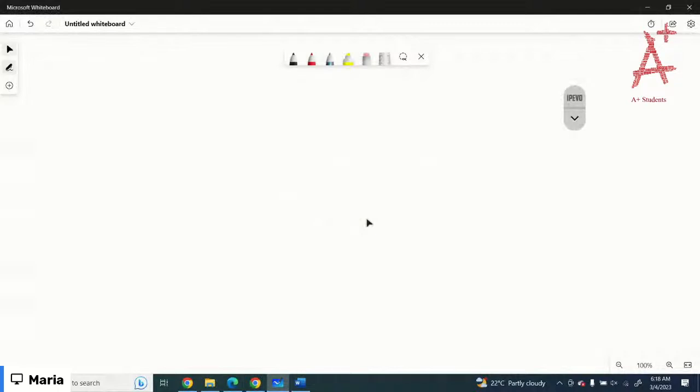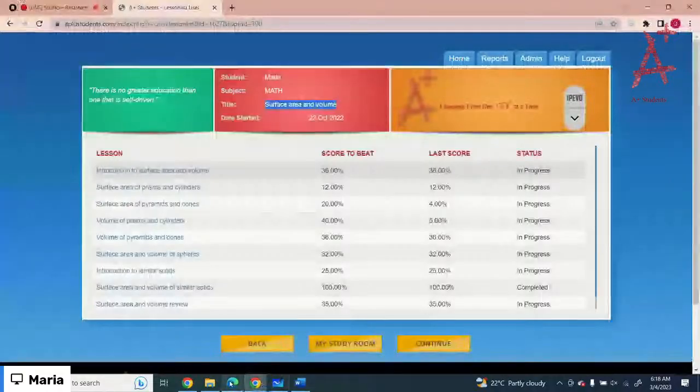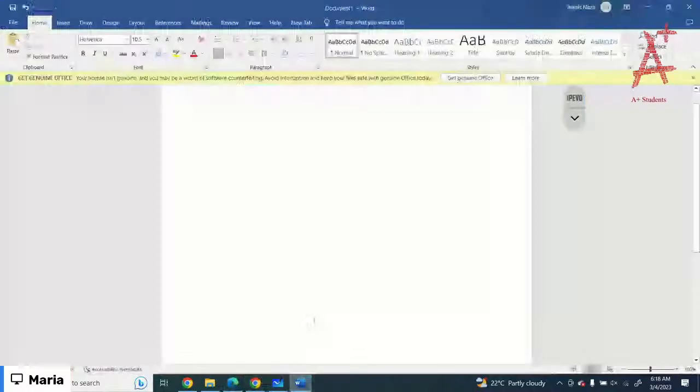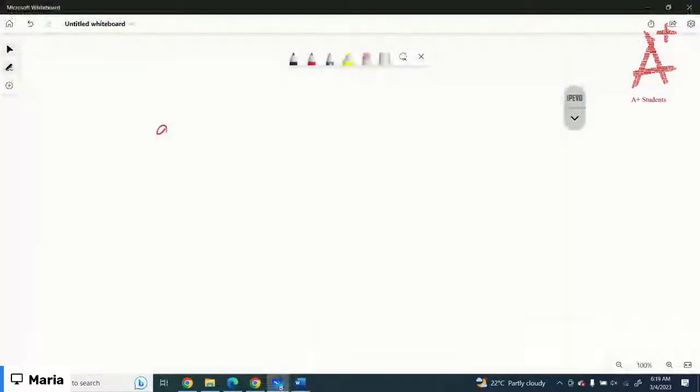The equation is ax square plus bx plus 8, and the vertex is at 1 and 7.